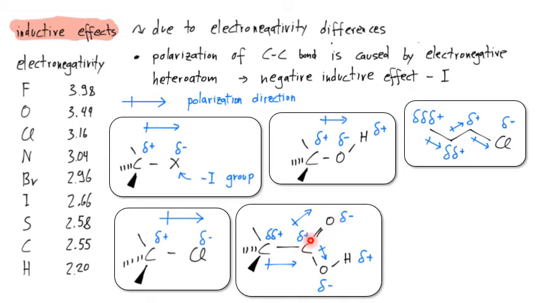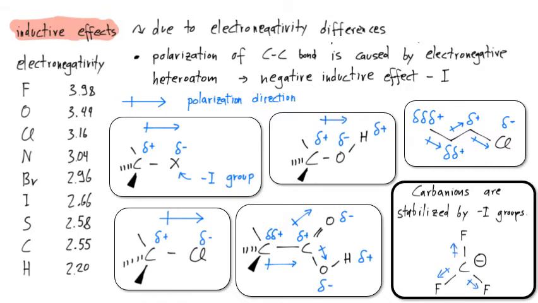This one draws electrons from this carbon, but this carbon also gets electrons withdrawn from the other oxygen, so it has two polarization directions, both towards the oxygens, and the carbon in the back here also has a slight partial positive charge. So in general, what can we learn with this negative inductive effect, this -I effect?